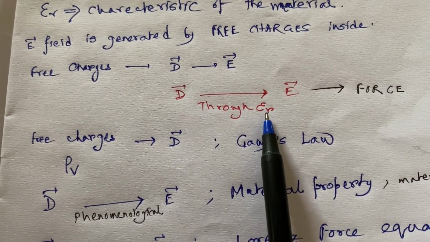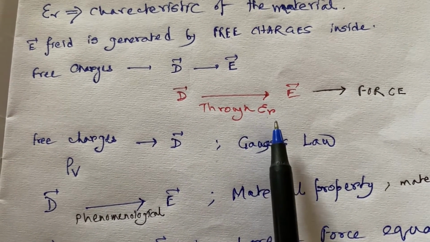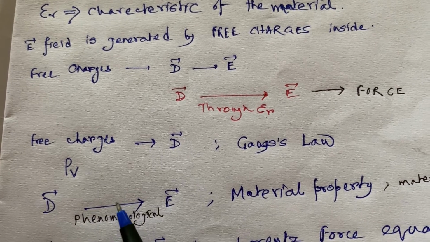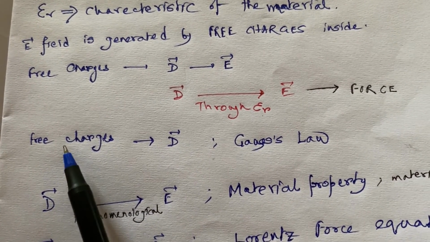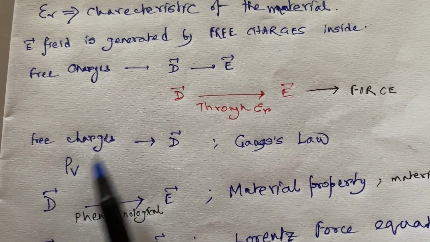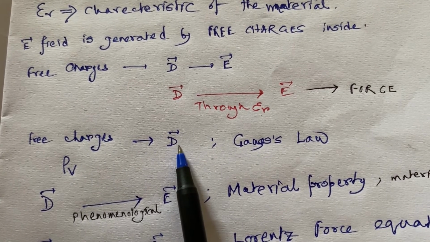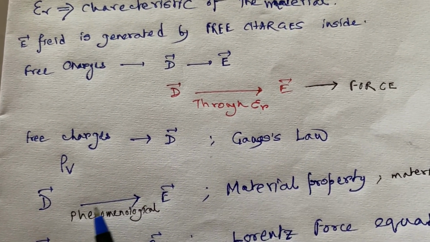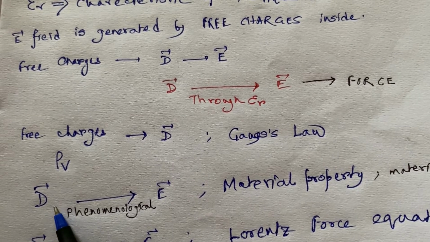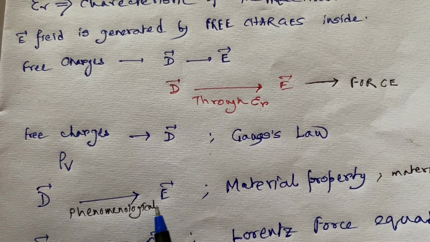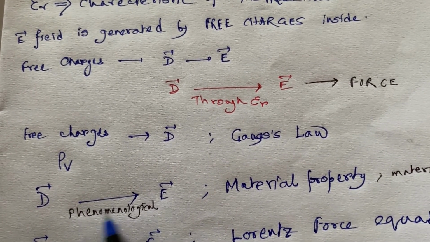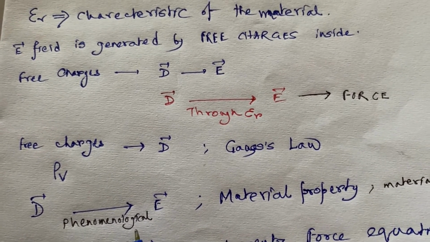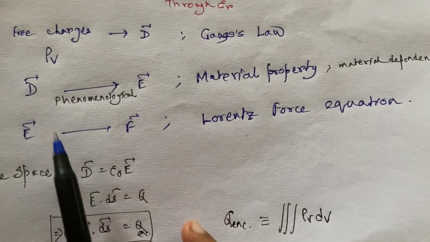We can have different epsilon R for different materials. And how the free charges give the electric flux density is given by Gauss's law, and how the flux density gives us the electric field, this relationship is phenomenological and very much dependent on material properties.